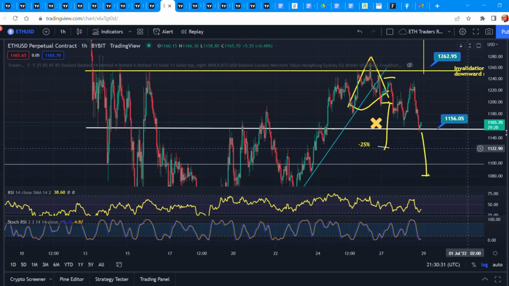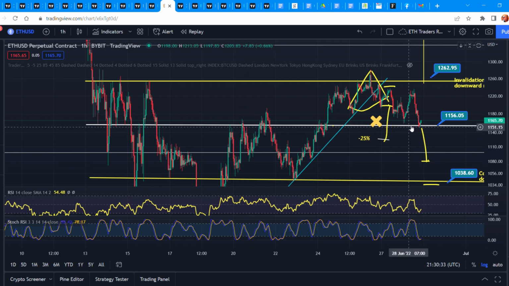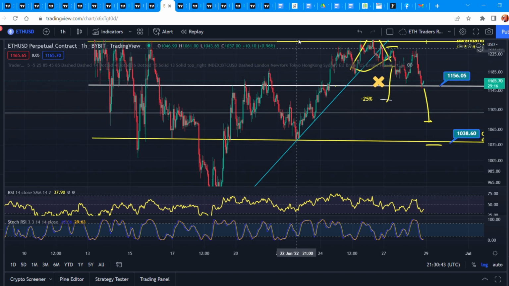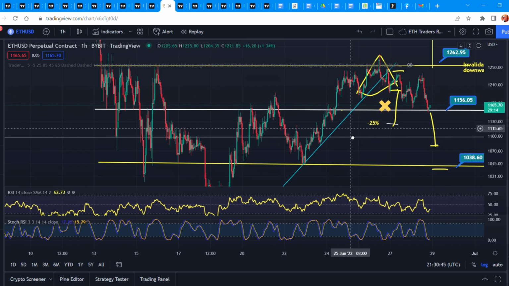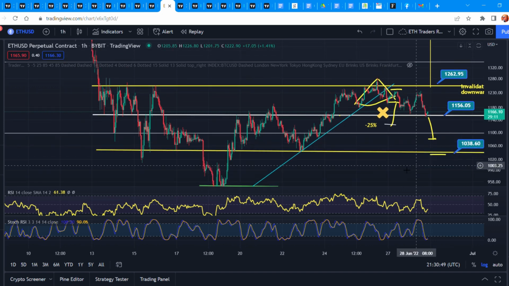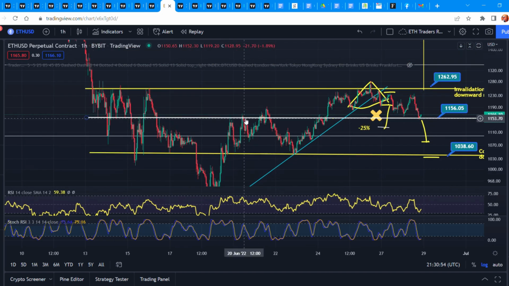Where am I on my 1 hour chart? Again, I've reached a level of support and resistance. If this were my 1 hour arc, I seem to have made a double top either here or here. So again, I'm a little bit confused as to what's going on. Has the double top been here and we've had the first drop and now we're coming up for the second peak?